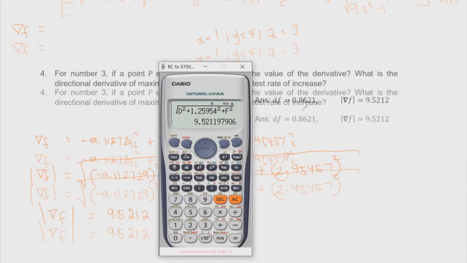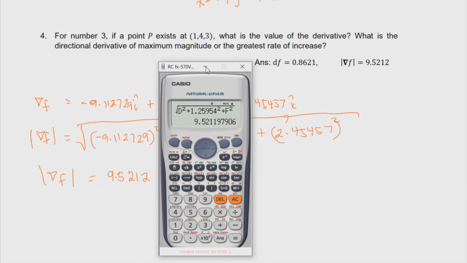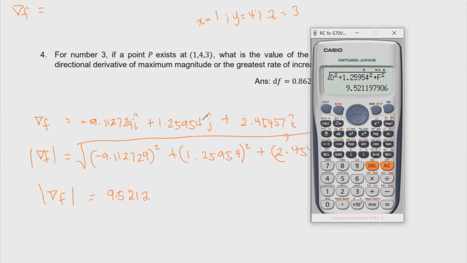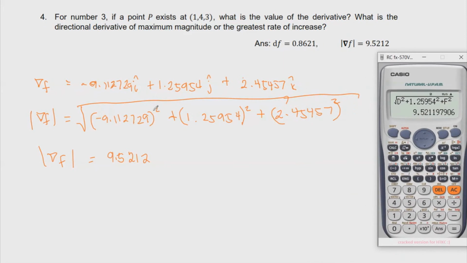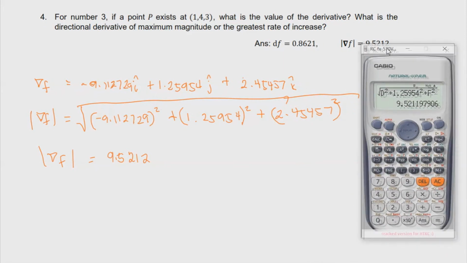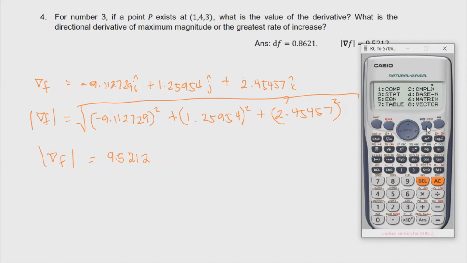I didn't show you, but in this nabla f, I hope you would be able to see what went wrong in your solution. Now there is another way where you could just avoid doing this squaring. We can go to this mode, then go to vector, and press vector A, and then we have 3.